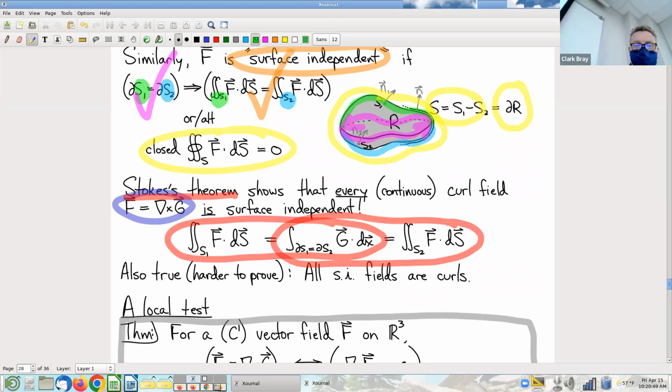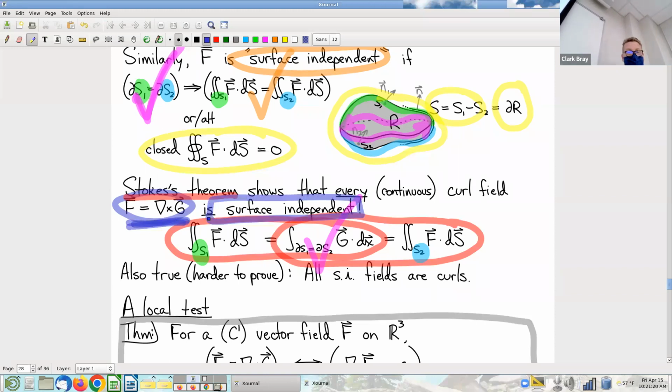These are two different surfaces, sure. We have the green surface versus the blue surface, totally different surfaces that we're computing fluxes over, but they have the same boundary. And so they're computed by Stokes's theorem with the same line integral. And so they're the same, AKA this vector field is surface independent. So every curl is surface independent.